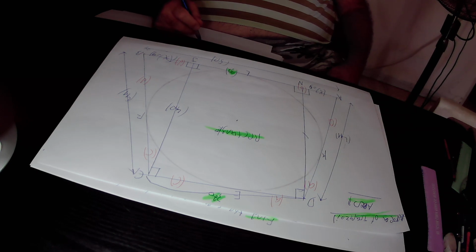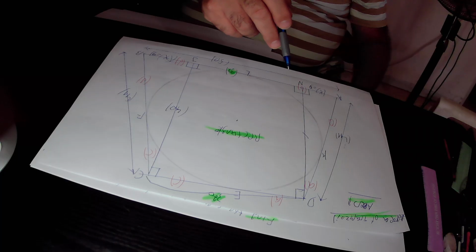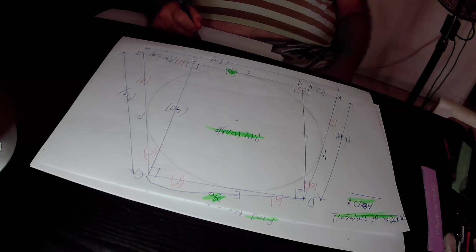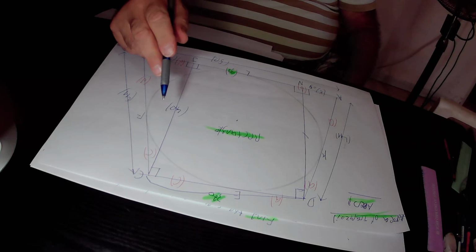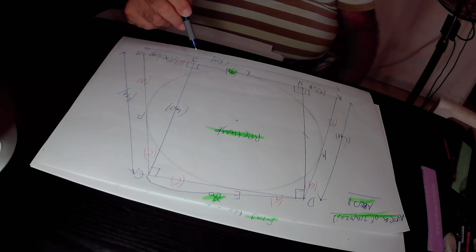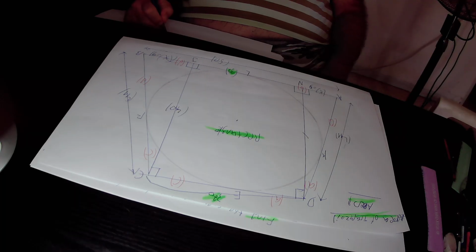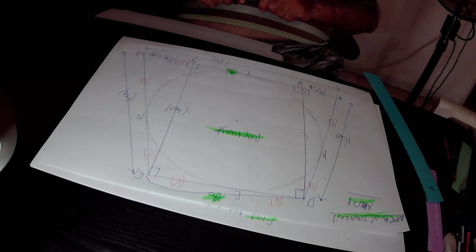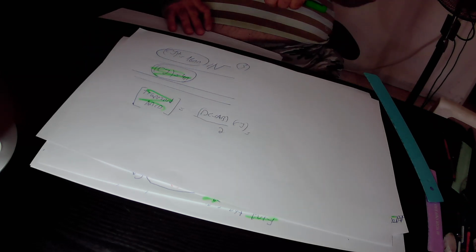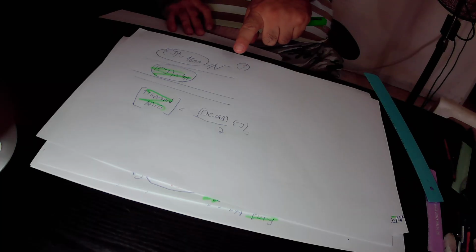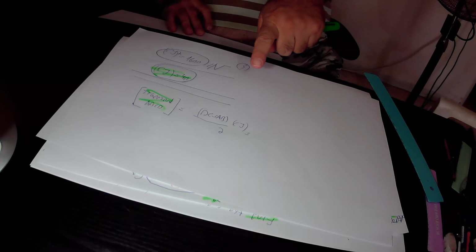The area of any trapezoid equals the sum of its two parallel bases, in this case DC plus AB, times the height over 2. The height is CJ because it makes 90 degrees with the two parallel bases. So this times CJ over 2.